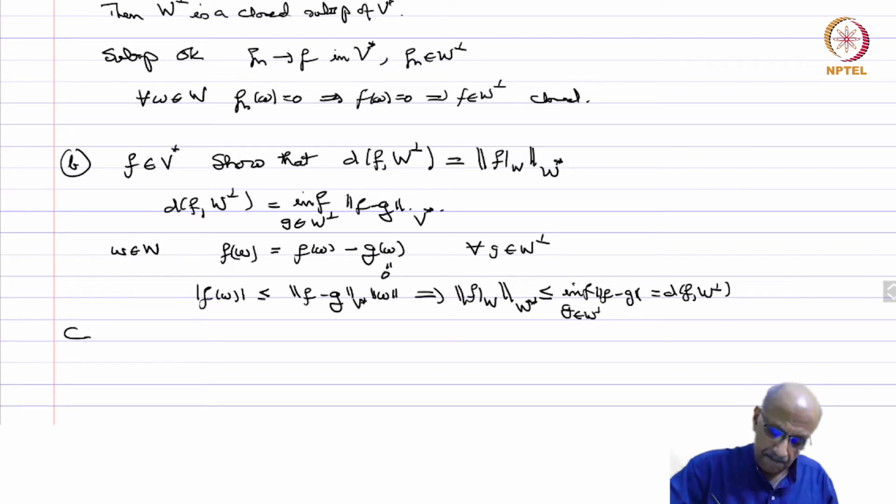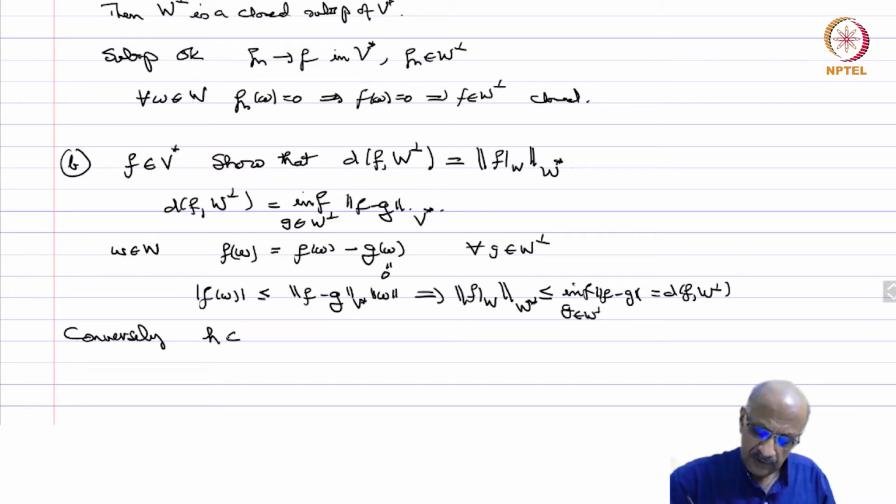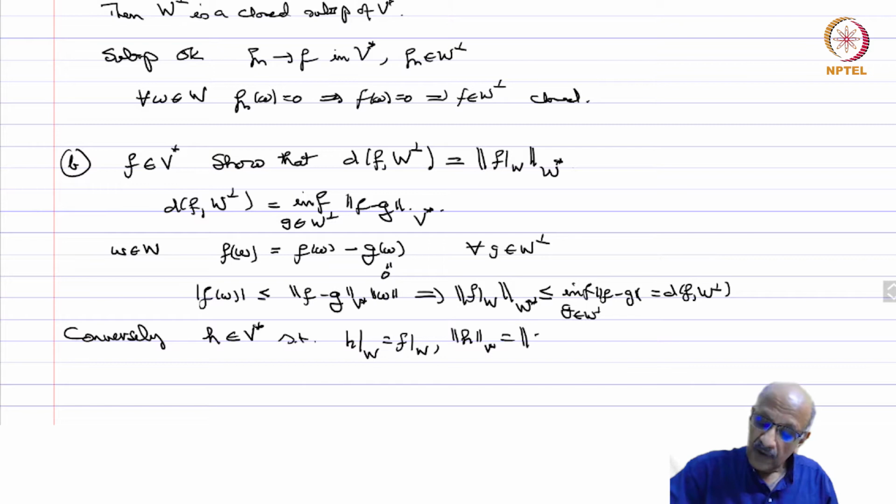Conversely, let h belong to V star be a Hahn-Banach extension, that is such that h restricted to W equals f restricted to W, and norm of h in V star is the norm of f restricted to W in W star.